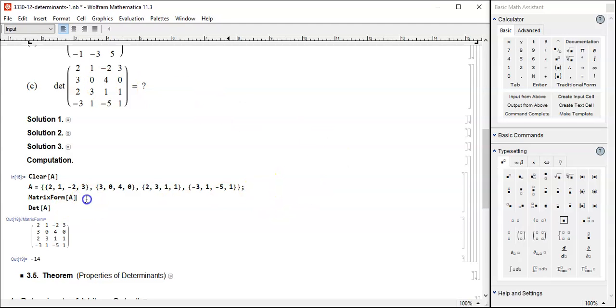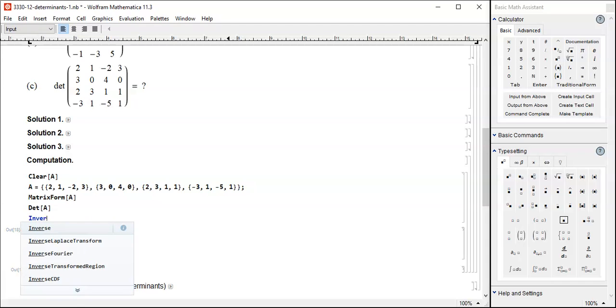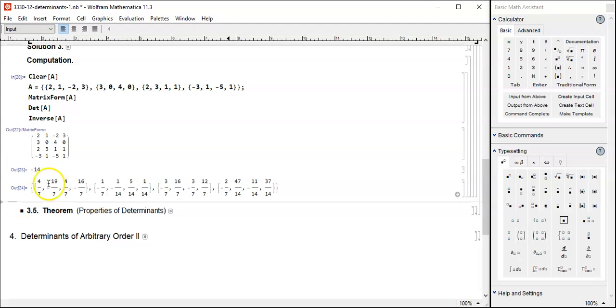And then show me the matrix form, and that's this. Show me the determinant, that's that. And then show me the inverse of A. And it showed me the inverse of A in Mathematica's form, with braces and first row, second row, third row, fourth row like this.